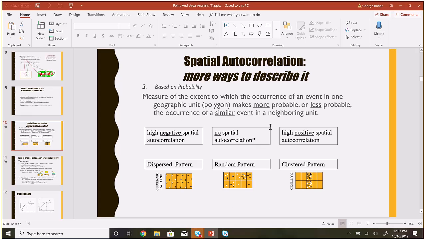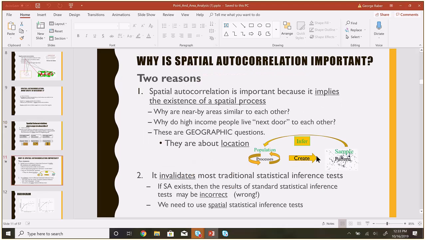In other words, if we can quantify that it's not random, that there's either a dispersed pattern or a clustered pattern, then we can start to make theories about or even further study, and we can use the spatial autocorrelation to support the existence of a spatial process.